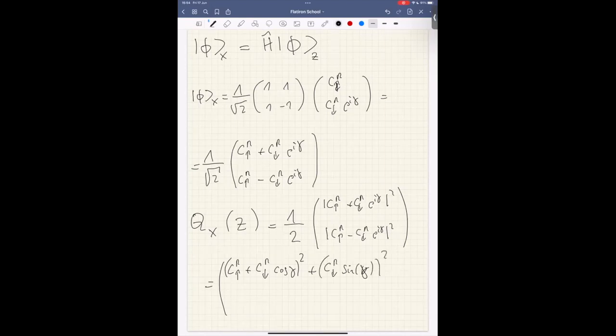This is elementary trigonometry, but okay, let's do it. So for the second, C up R minus C down R cos gamma squared, plus C down R sin gamma squared. Then I have a factor of 1 over 2. All right, I guess we can further simplify this, but I don't want to do the calculation because it's boring.